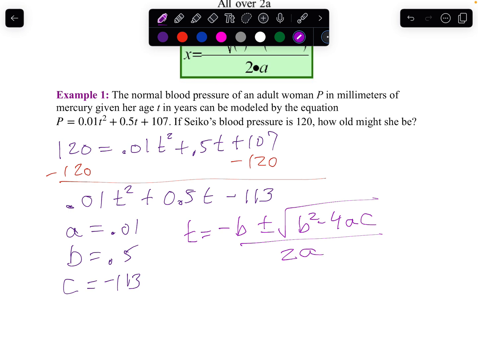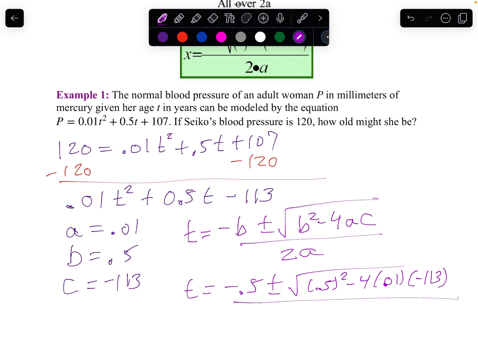So in other words, T equals the opposite of 0.5, which is negative 0.5. We get 2 answers because quadratics have 2 answers. 0.5 squared minus 4 times A, which is 0.01, times C, which is negative 113. And then we're going to divide that by 2 times A, which is 0.01.